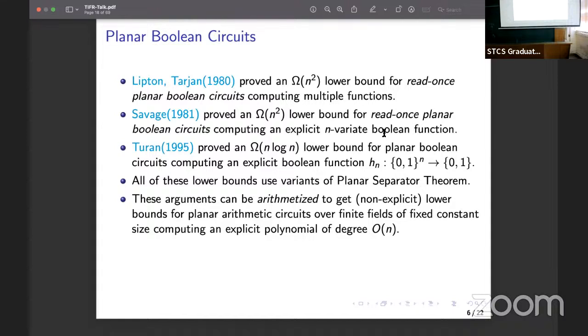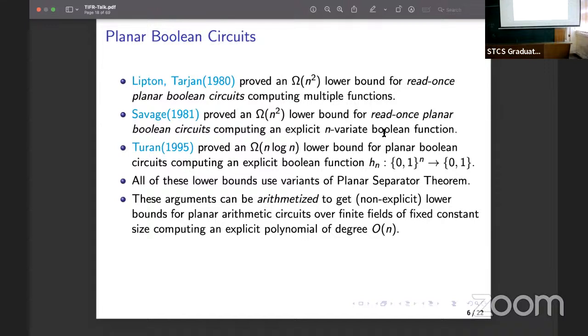Between Savage and the Lipton-Tarjan result, is there a final n-variate Boolean function? I don't know. Is the analog something like Baur and Strassen, where you go from a single polynomial to computing derivatives? Is there some analog of that happening there? No. I think this is Boolean convolution, and Savage, I think, is based on super concentrators.